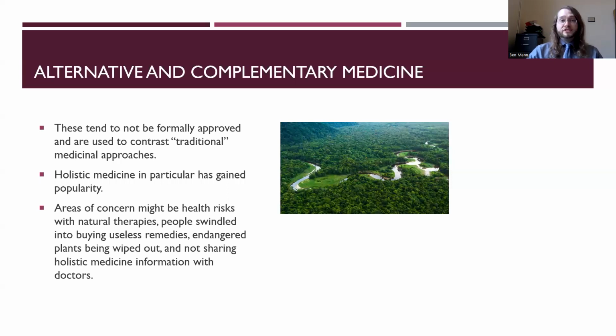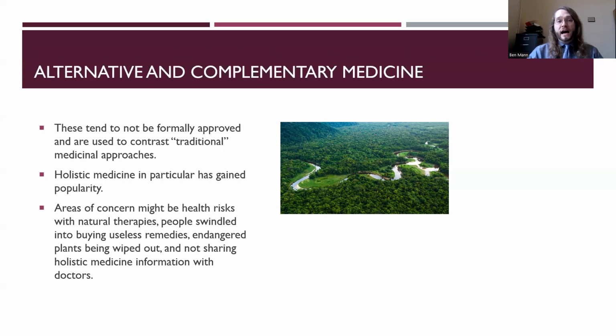And while there are some benefits to offering this kind of holistic alternative medicine approach, there are also some risks to consider. For example, there might be health risks associated with a particular treatment. People might be swindled into buying things that don't really work.